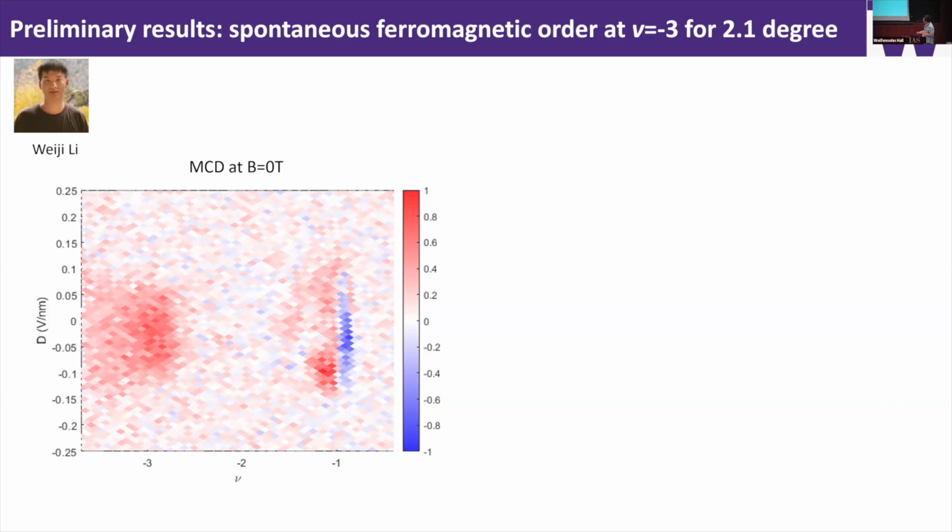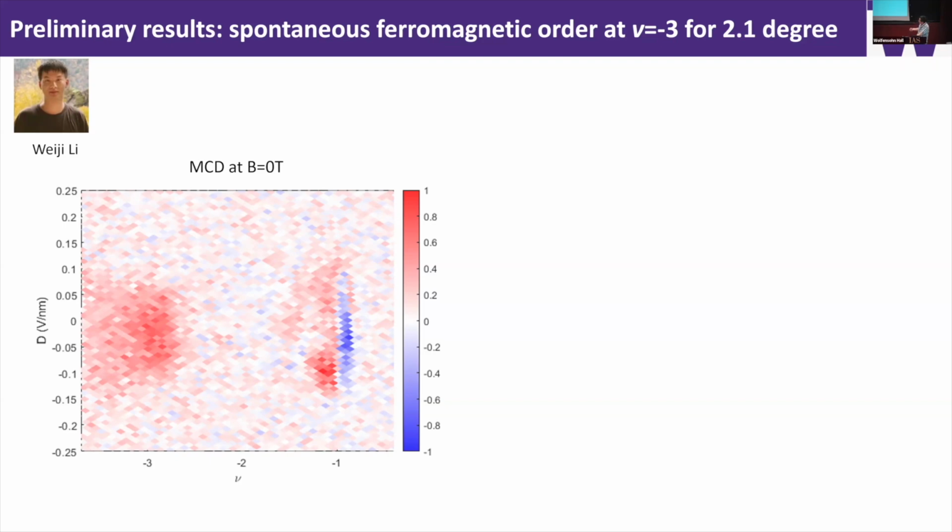You can clearly see there's a non-vanishing MCD signal near filling factor -3. And there is also an MCD signal at filling factor -1. The data is taken at zero magnetic field. So this data clearly shows that there is a ferromagnetic order, and actually in a large phase space of filling factor -3. So it's robust.